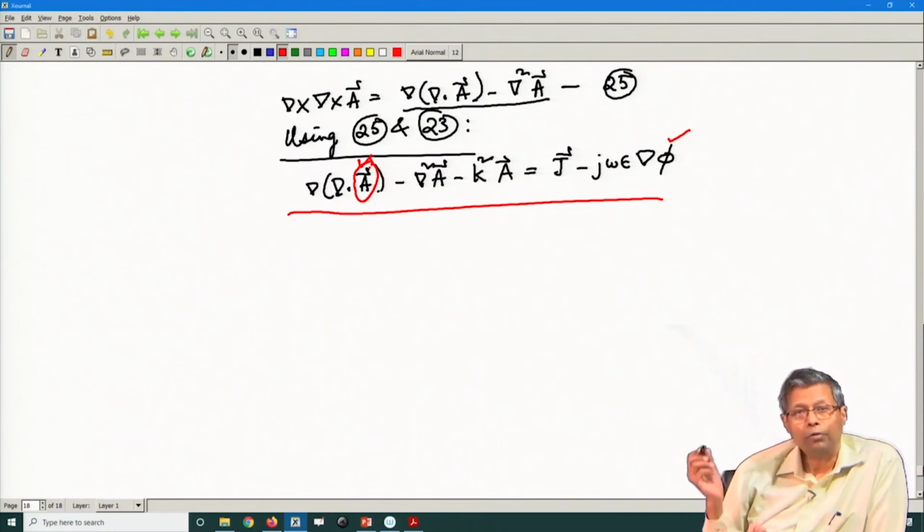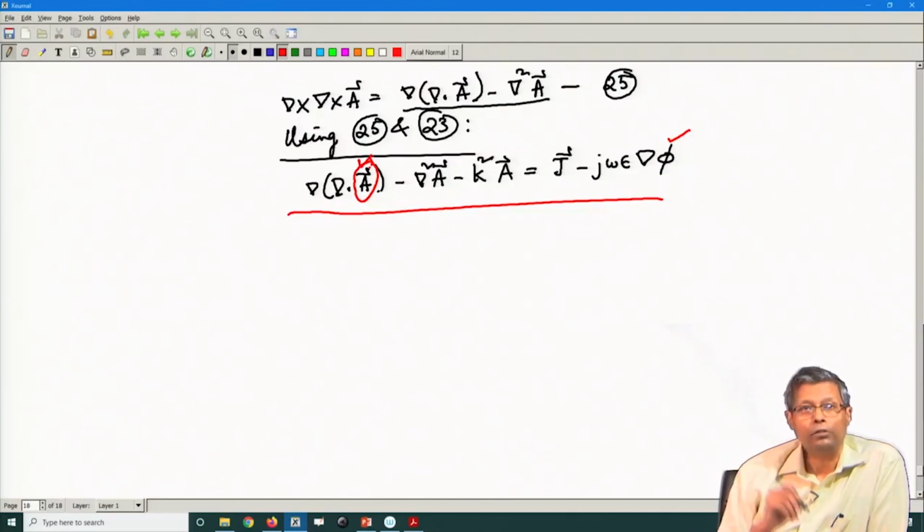So, we are free to attribute to it any property which will help us to find out the electric and magnetic fields from the current source J.